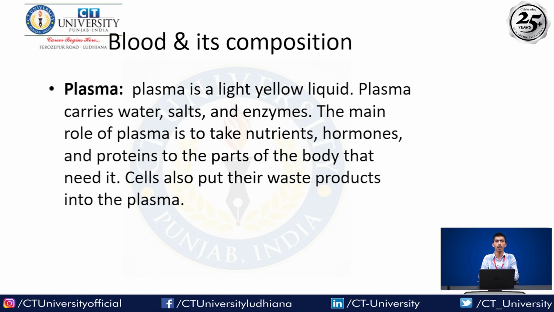Fibrinogen converts into fibrin during the blood clotting process, and they form a platelet plug. When there is damage in our blood vessels, they form a platelet plug and stop the bleeding.